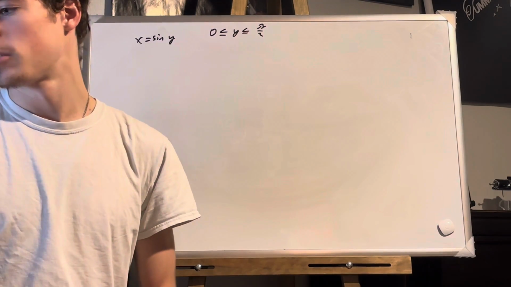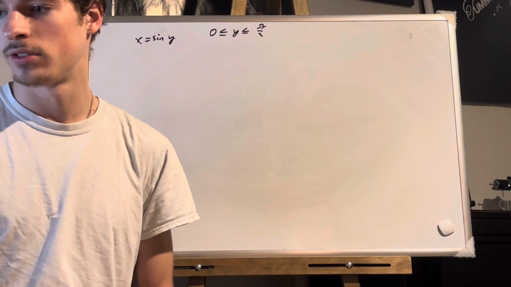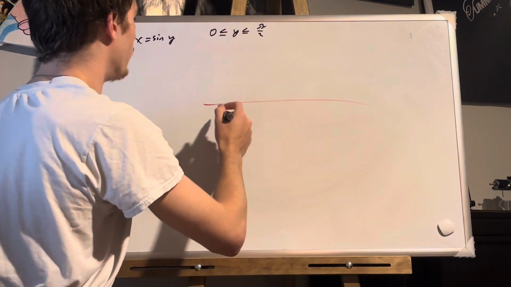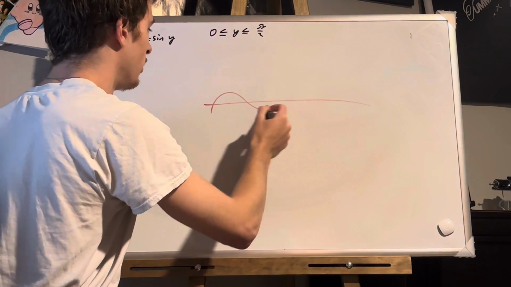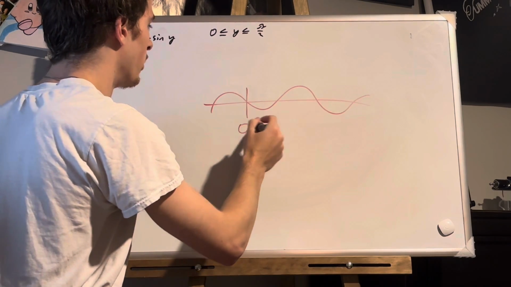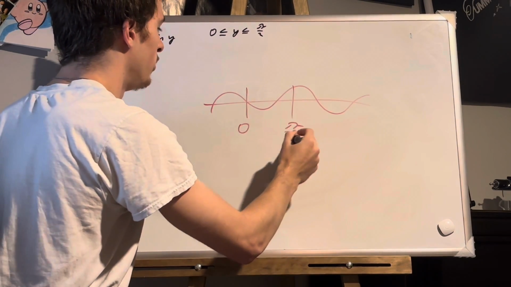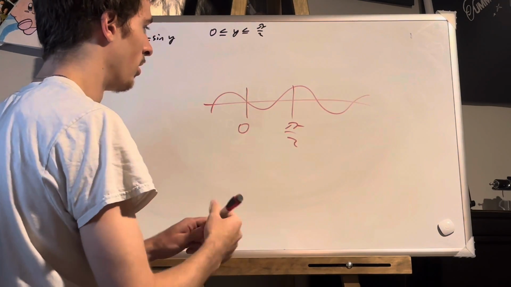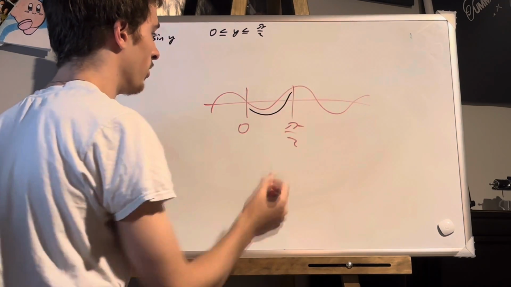And so what this pretty much looks like is, if we're given this function of sine at some point between 0 and pi over 2, they want you to find the arc length of this, essentially.